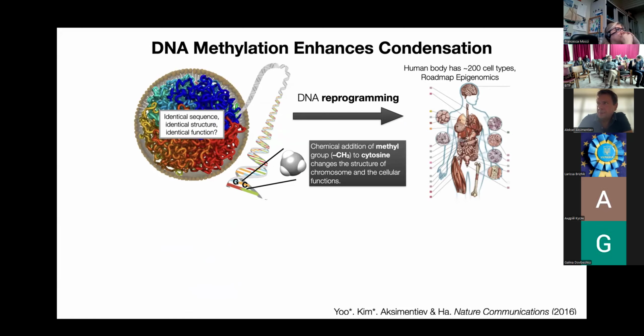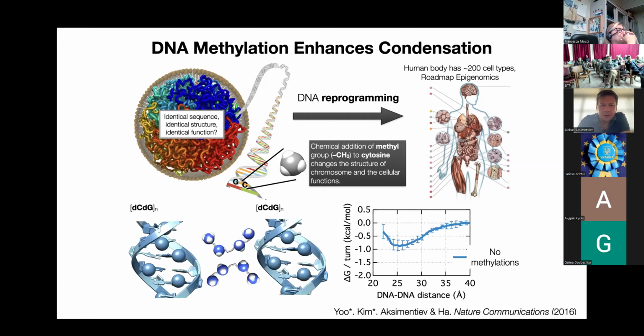All our cells have the same DNA, right? But our liver cells, our hair cells, our skin cells all look different and behave differently because certain parts of the genome are on and off. One mechanism to turn genes on and off is to methylate DNA. So you have a cytosine, then you add a methyl group, and then your gene becomes silent.